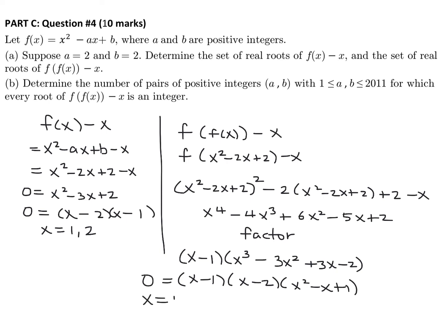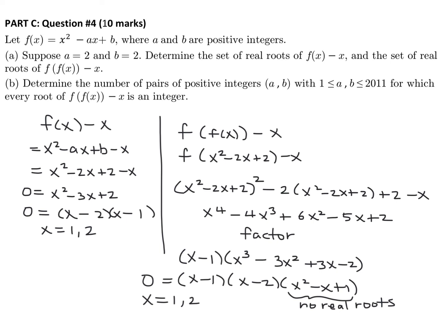Well, it's obvious that the roots are 1 and 2 because this does not have any real roots. Because try doing the quadratic formula. You'll notice that the discriminant is less than 0. So therefore, again, the roots are just 1 and 2.